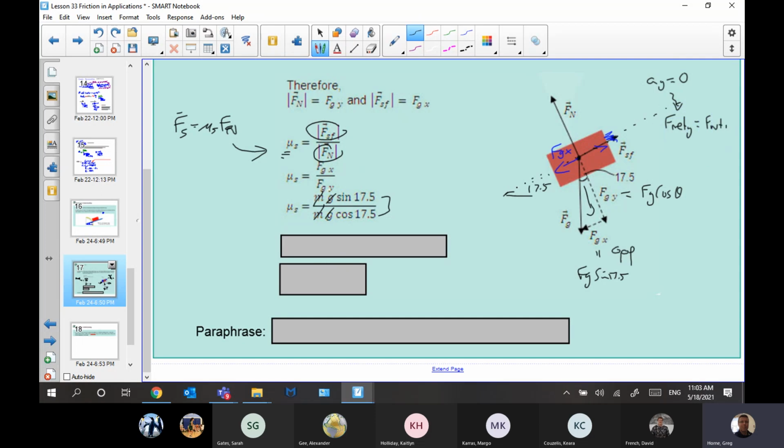Plus that FGY. And so my normal force equals the negative FGY. Right, so that's this thing here, like our normal force is the FGY component. The FGY component is based on cos because it's adjacent to that angle.